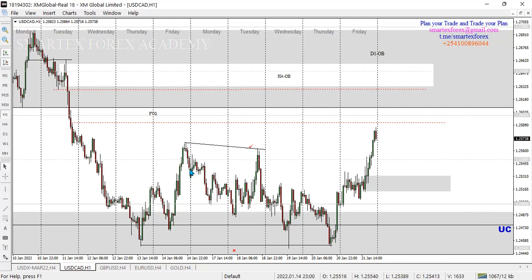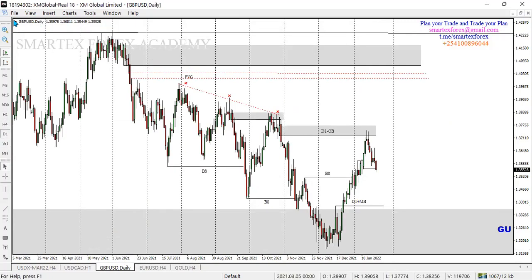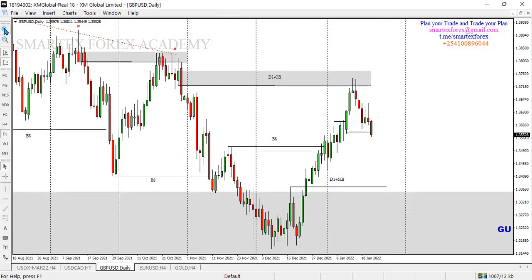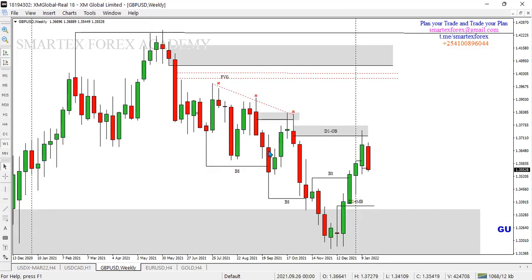Okay, good. So let's see what we have on the cable. On the cable, the price in the last few days was able to return to the bearish daily order block. You can see the order flow was bearish, and then the price came back here, returned to this one, then we need to see a drop.